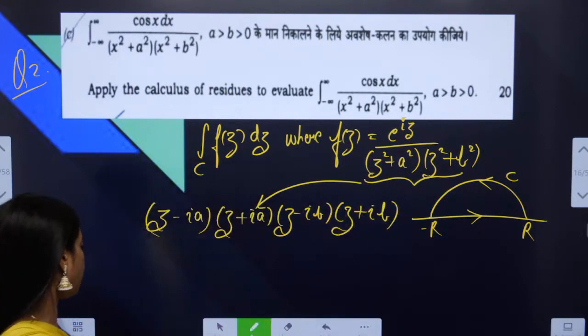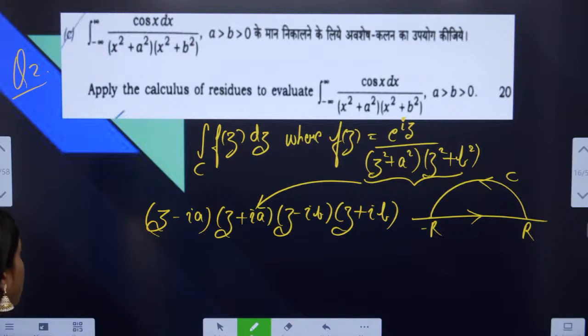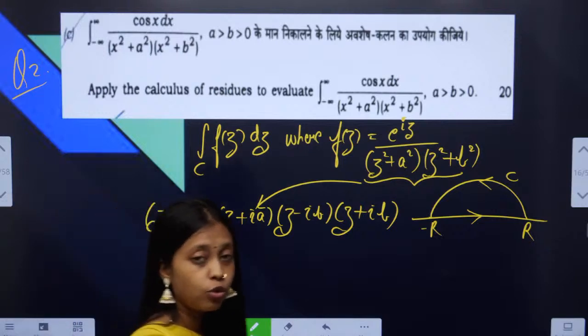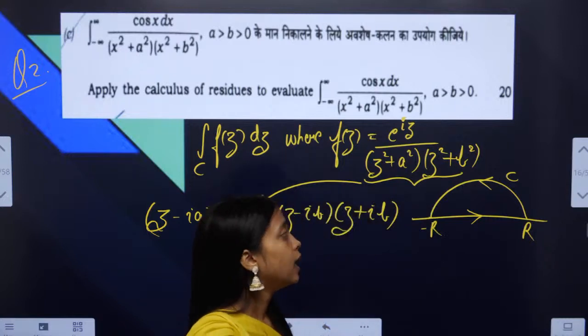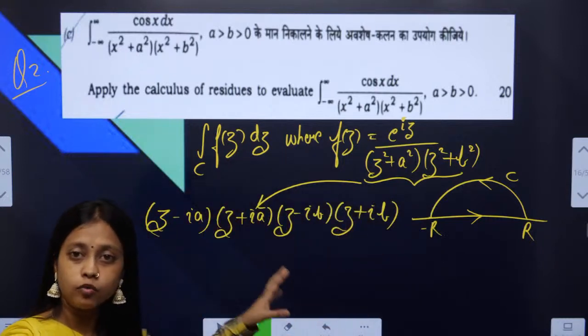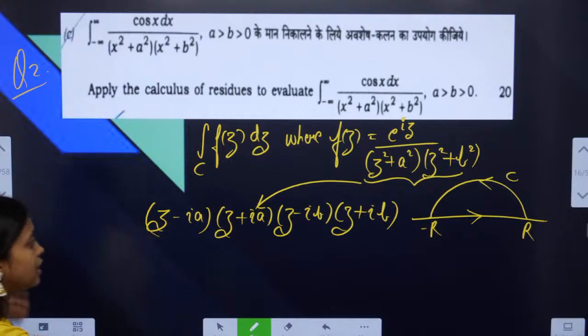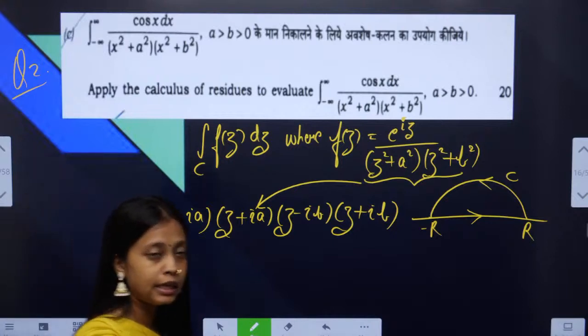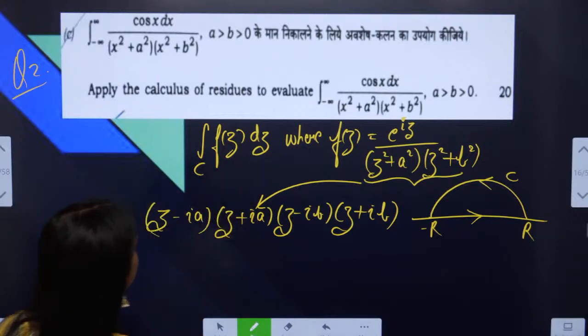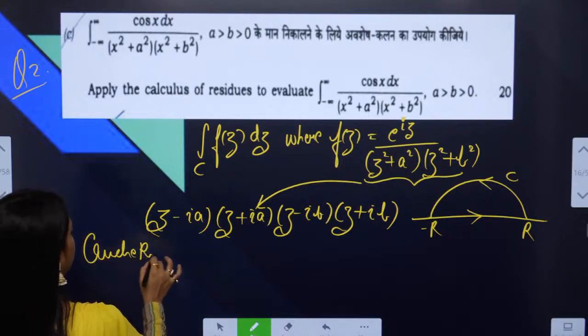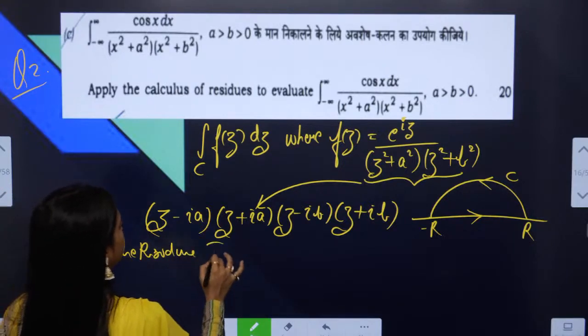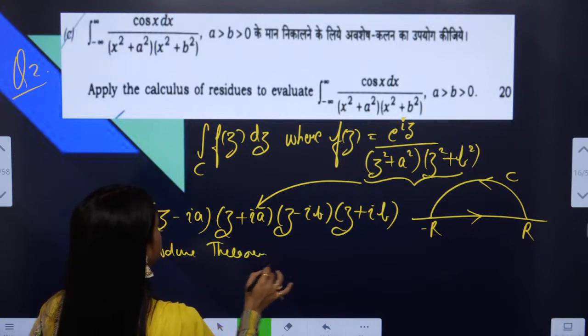Simply using the Cauchy residue theorem will help you to evaluate this integral. The Cauchy residue theorem is a very important part of complex analysis that we do at the very start when we discuss integration. So in integration you need the Cauchy residue theorem, that was required in this question.